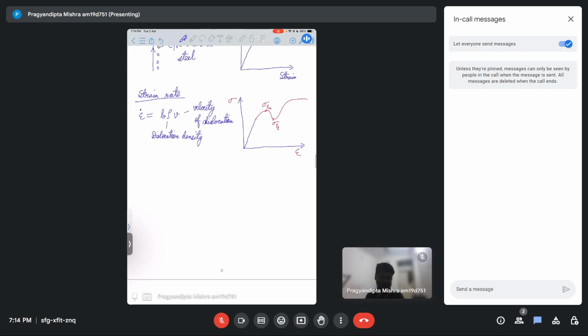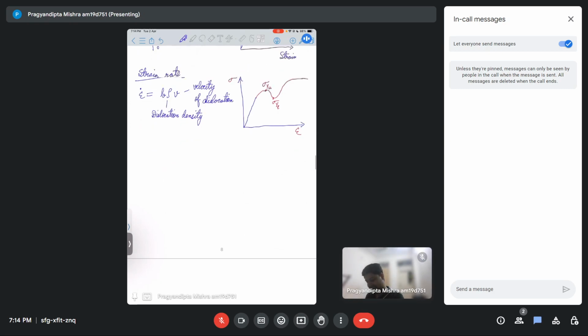Okay. So with that, we'll come to an end to solid solution strengthening. Let's move to the second type of strengthening for today, that is grain boundary strengthening. Let's quickly learn about that.